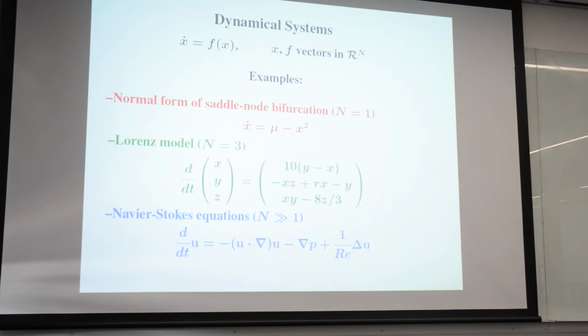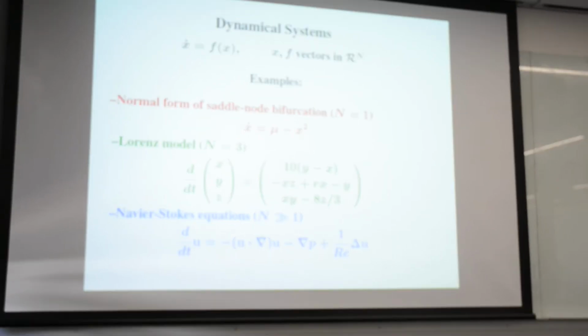Next simplest, something greater than 1, but still very finite: 3. This is the famous Lorenz model, an evolution equation for 3 variables, x, y, and z, and you see the right-hand side given there. Lorenz model, how many people have heard of Edward Lorenz?